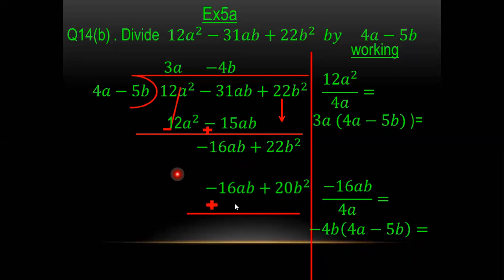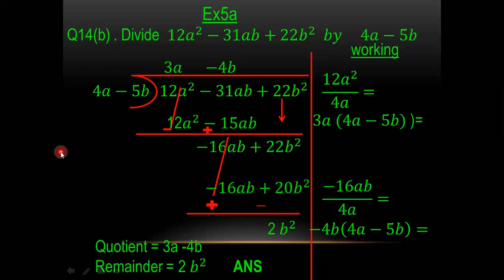Here it becomes plus, and this becomes minus. So cancellation and the subtraction of these two will give us plus 2b square. So that's all. That is the remainder, and now we can write down the answer as quotient is equal to 3a minus 4b, and remainder is equal to 2b square, right?